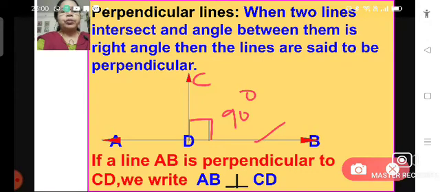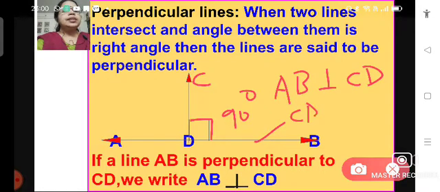So we can call these two lines perpendicular to each other. We can say that AB is perpendicular to CD, or we can also say that CD is perpendicular to AB.